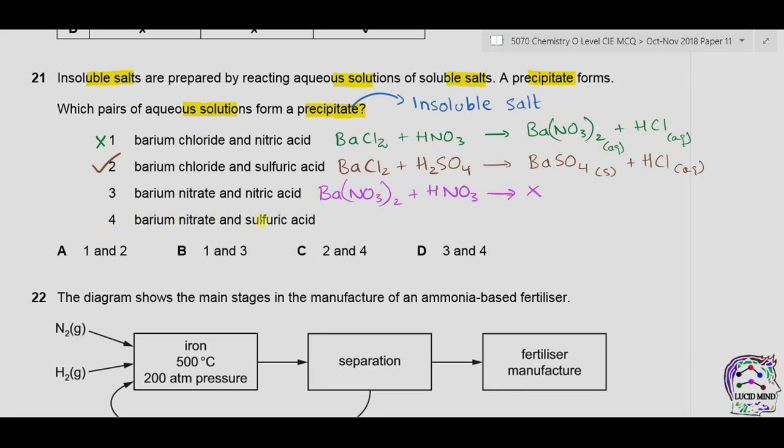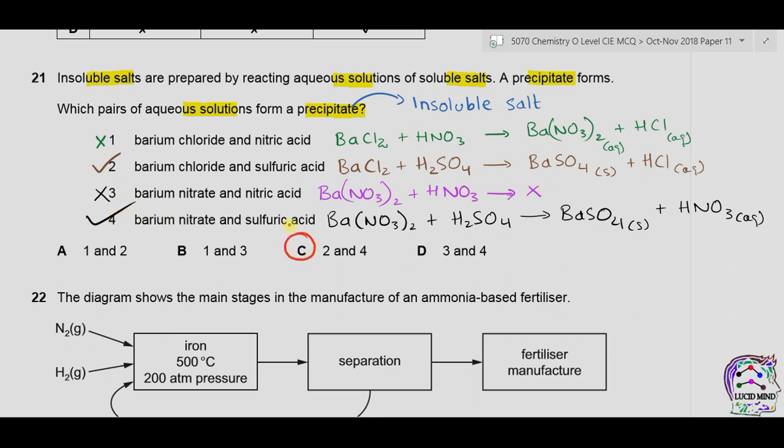For barium nitrate and sulfuric acid, again this will be the same. Barium sulfate will be formed, and barium sulfate is an insoluble solid along with nitric acid, which is soluble. So 2 and 4 make precipitate, so therefore answer is C.